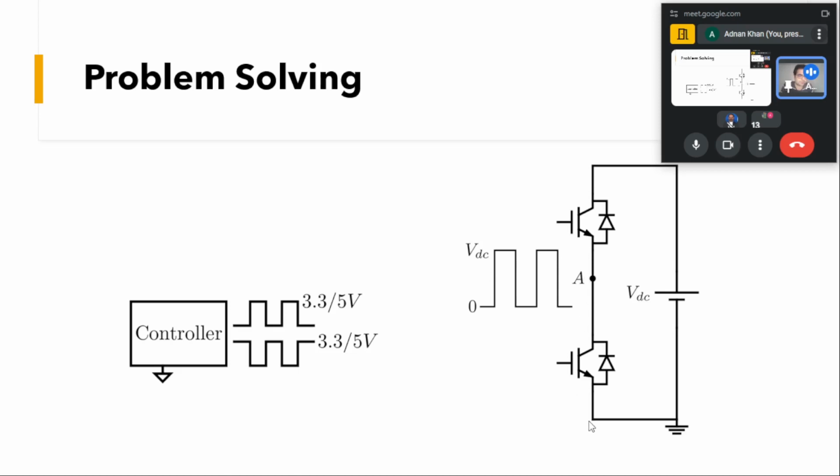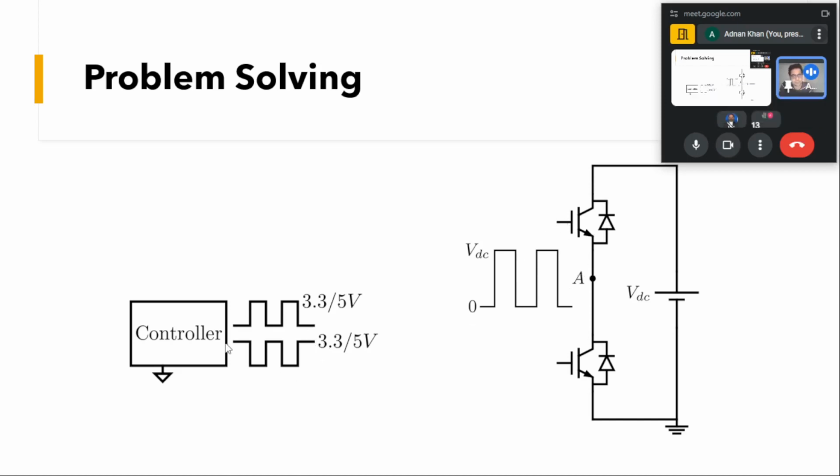Point A with respect to this: when this device is turned on, this will be equal to VDC, and when this device is turned off and the other device is turned on, it will be equal to 0. So it will vary from 0 to VDC. Our controller, in order to turn on these devices, will apply the gate pulses with respect to the emitter. We have the collector, gate and emitter, so all the gate voltages will be applied with respect to the emitter.